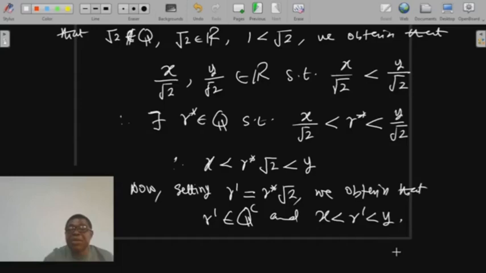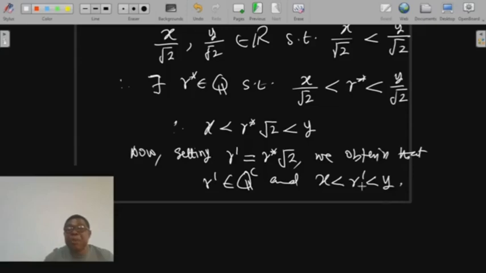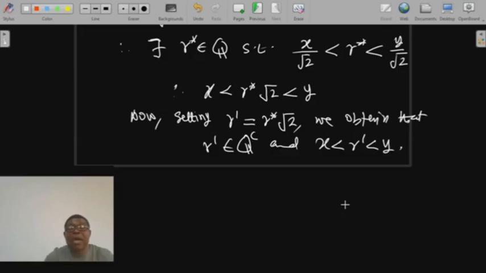This again shows us that between two real numbers x and y, there is an irrational number lying between them. So what have we achieved? This exercise has shown us that given any two real numbers, there is a rational between them. And given any two real numbers, there is an irrational between them.